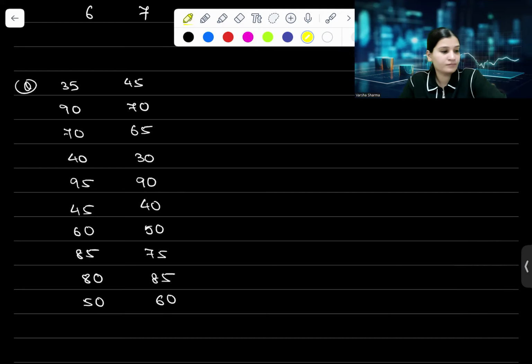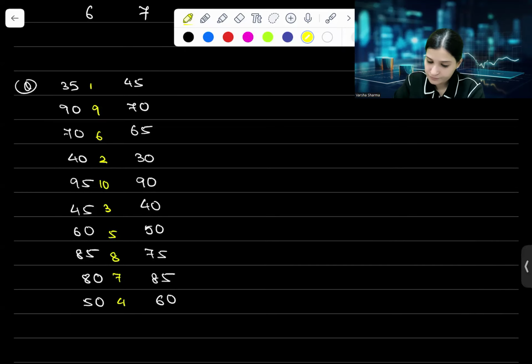It's 0.902. Ranking: first, second, third, fourth, fifth, sixth, seventh, eighth, ninth, and 10th.